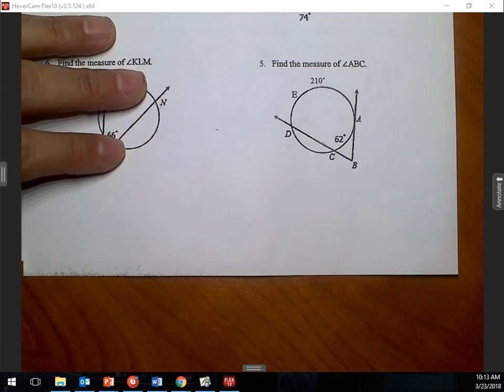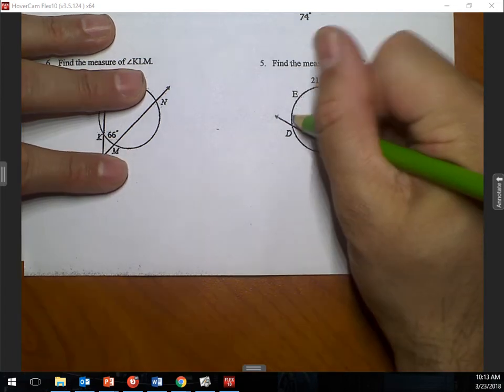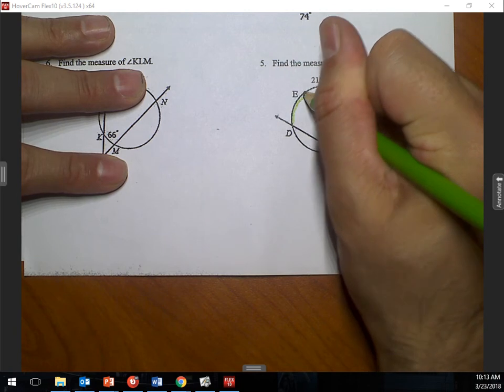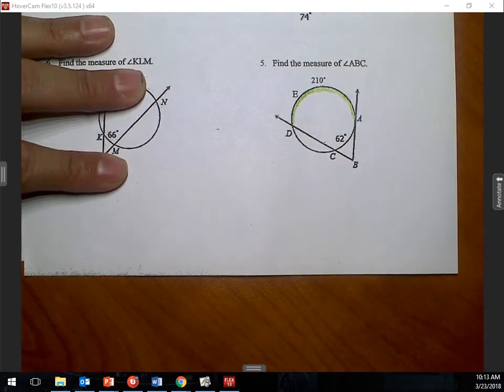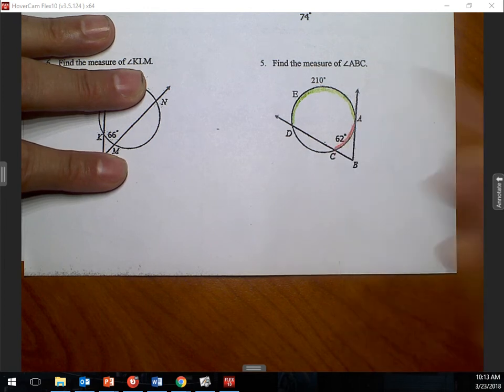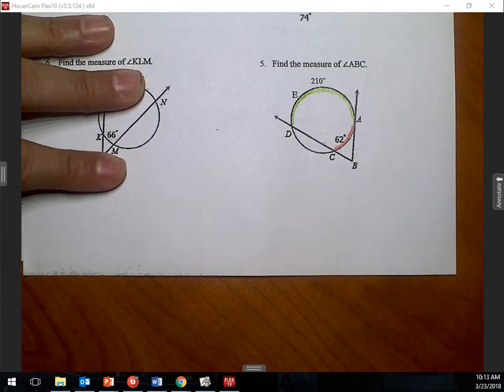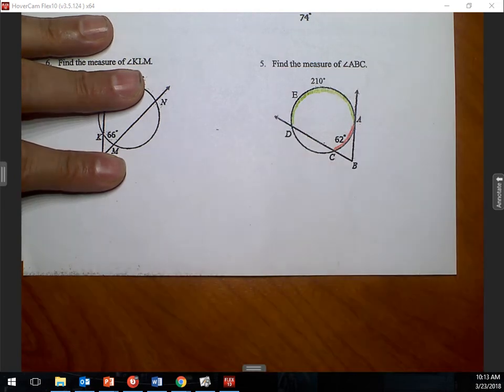Okay. Did you color it yet? Color it. All right. So, I colored it. I have a secant and a tangent. So, what is my thing gonna look like?